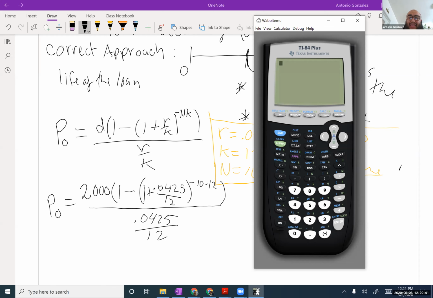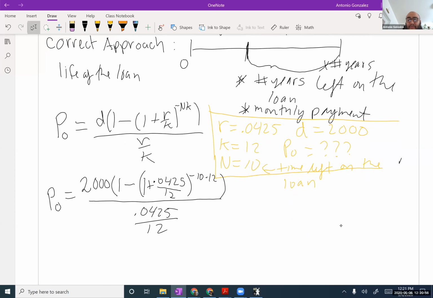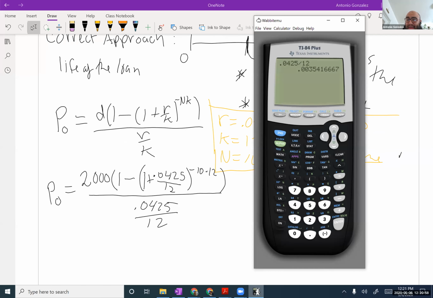I'll start with the denominator, 0.0425 divided by 12. Here I'll go to 4 place values. If you want to go more than 4, that's fine.